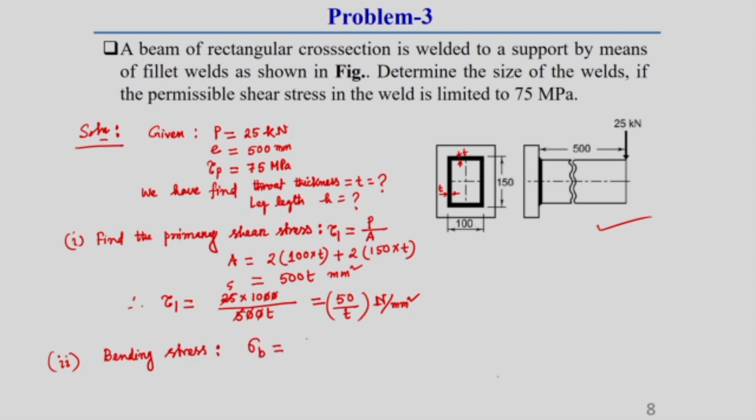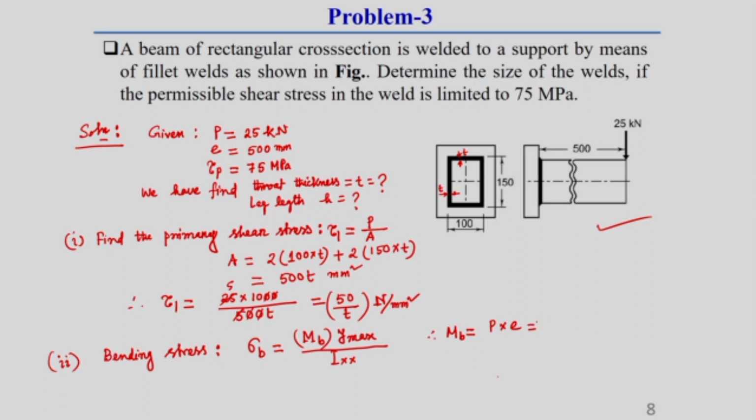We know sigma b equals bending moment M b into y max divided by I xx. Here I xx is the moment of inertia about the xx axis of all the weld, which I will also show you. M b we can calculate using P into the eccentric distance, which is already given.